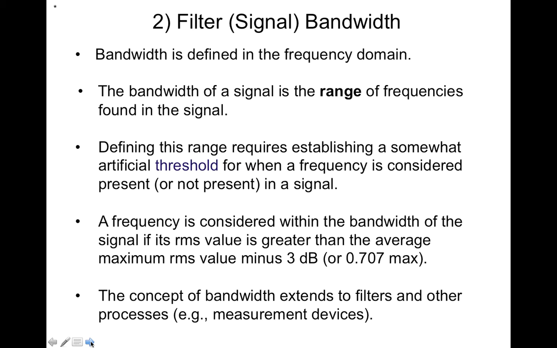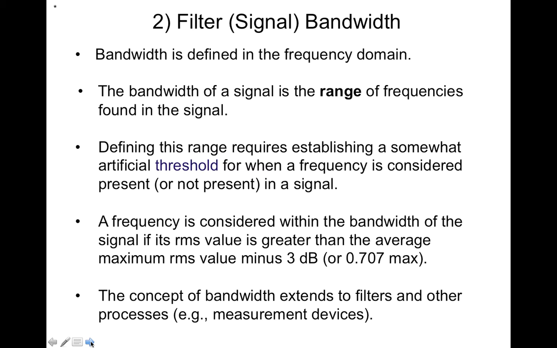So the next thing that defines a filter is its bandwidth. So bandwidth is defined in the frequency domain. The bandwidth of a signal is basically the range of frequencies found in the signal. So when we define this range, we have to figure out when it is or is not considered to be present. So basically, if the output over the input is greater than 0.707, then the frequency is considered to be within the bandwidth.